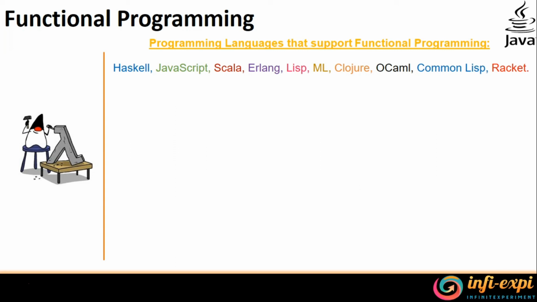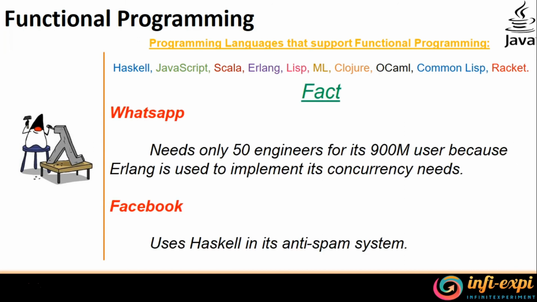But it's good to support certain standards of functional programming features in order to ease the developer's job in developing a Java-based application. So these are the different languages highlighted here which support functional programming. A few languages are older and not in use today, but a few are still in existence which support functional programming.